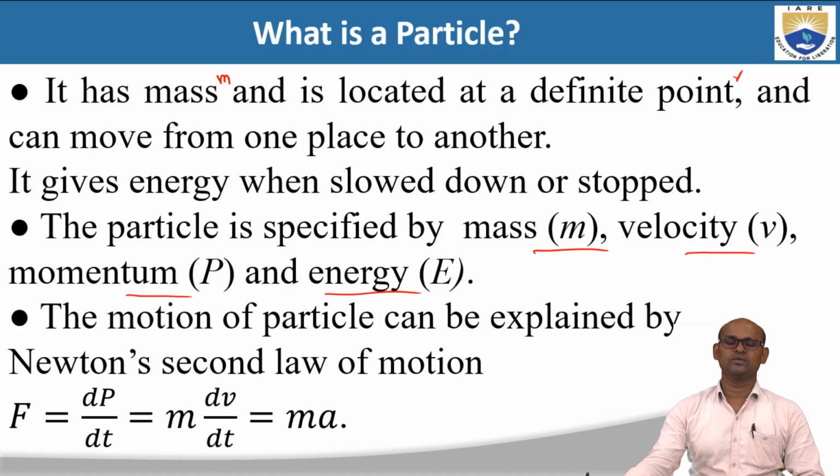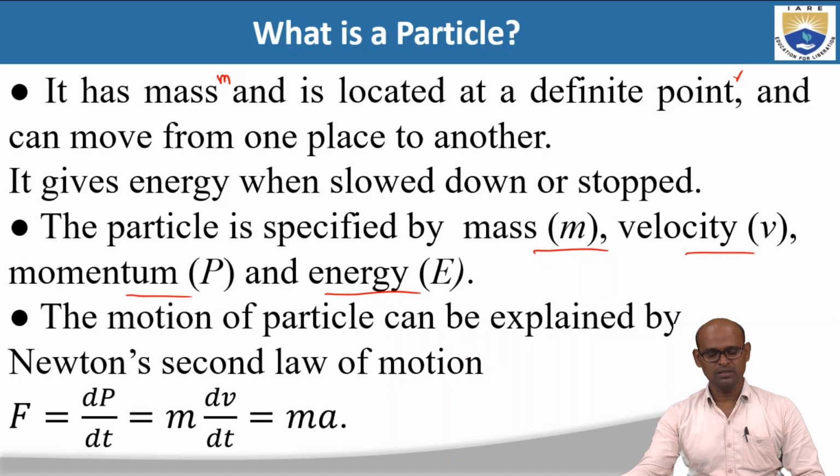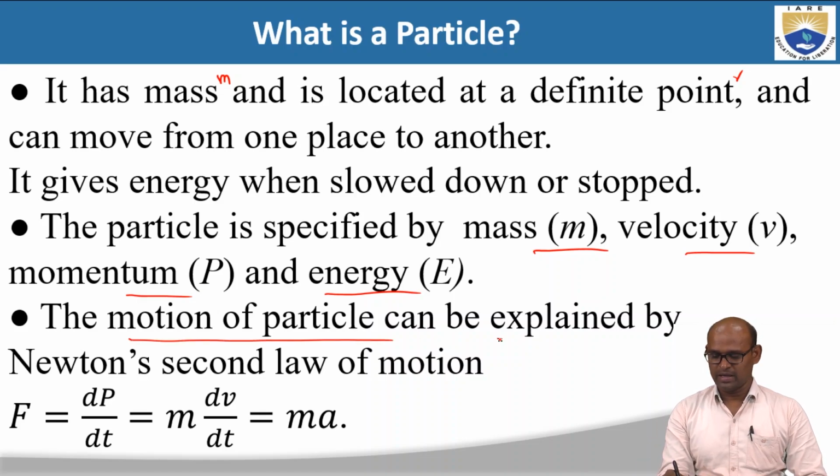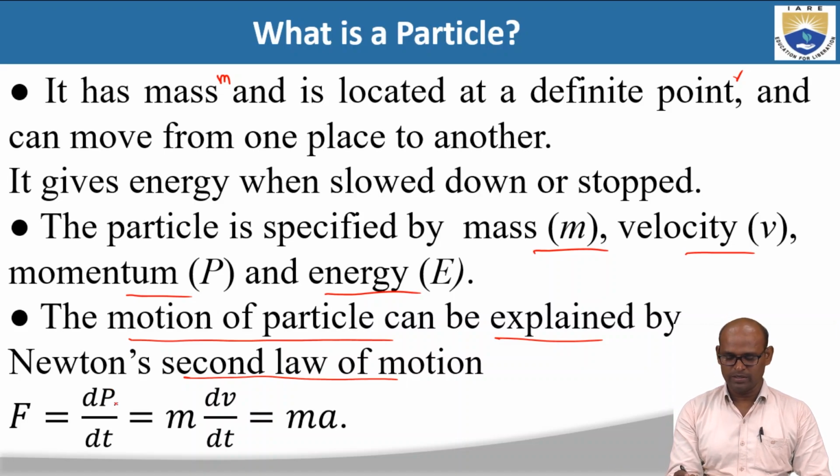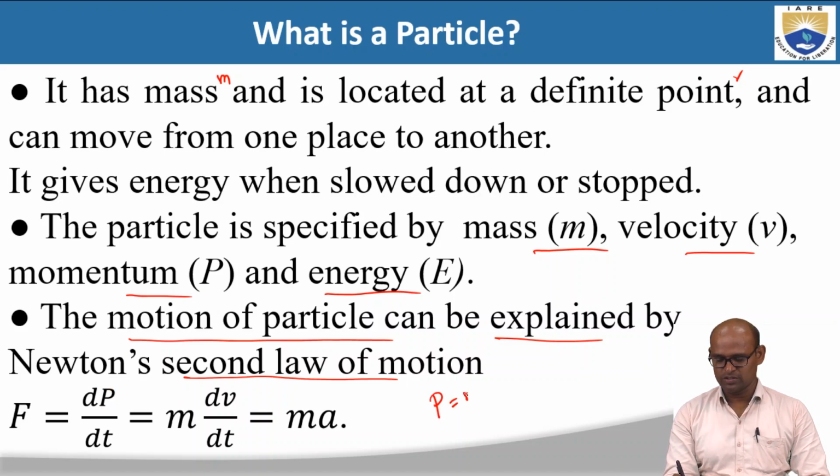How are we going to discuss the dynamics of the particle? The motion of a particle can be explained by Newton's second law of motion: F is equal to dp by dt, where p is momentum, the product of mass and velocity.